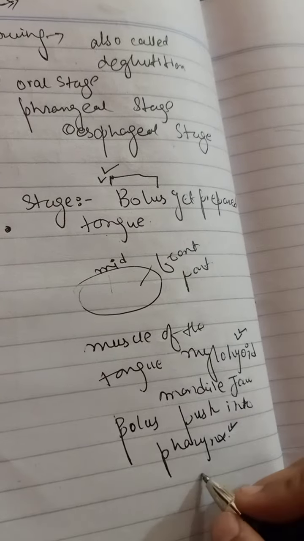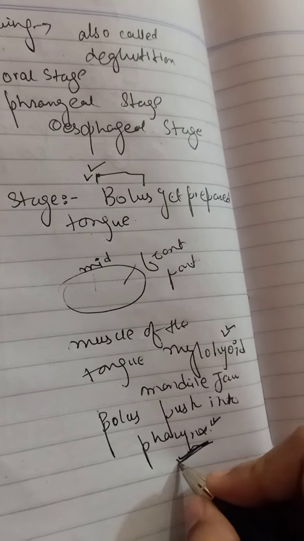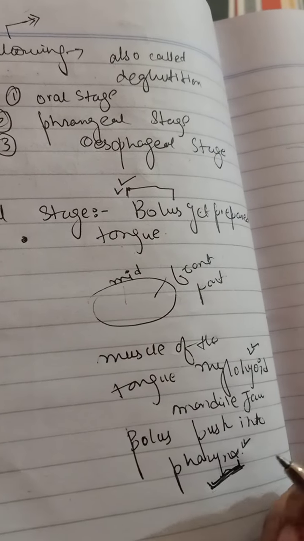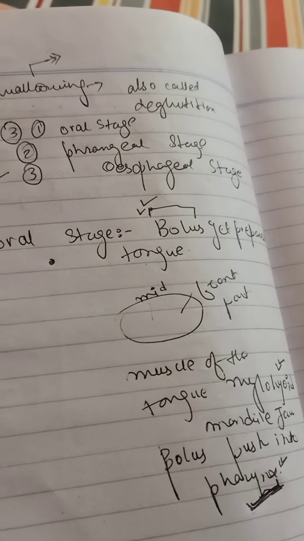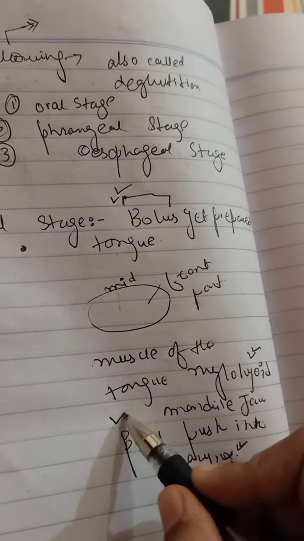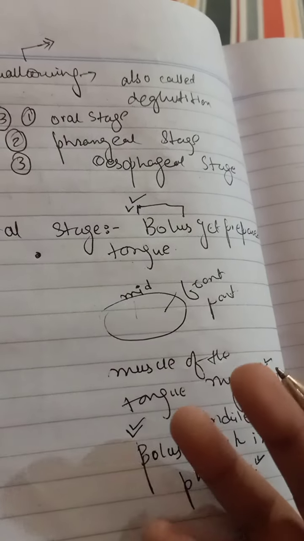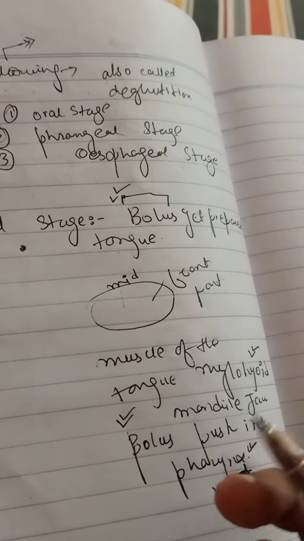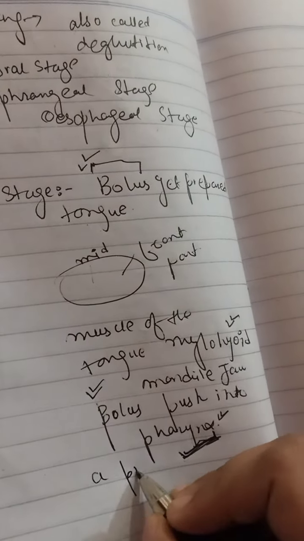As you all know, the pharynx is the space through which the food passes. When we push the food into the pharynx, a pressure is generated on the hard palate.